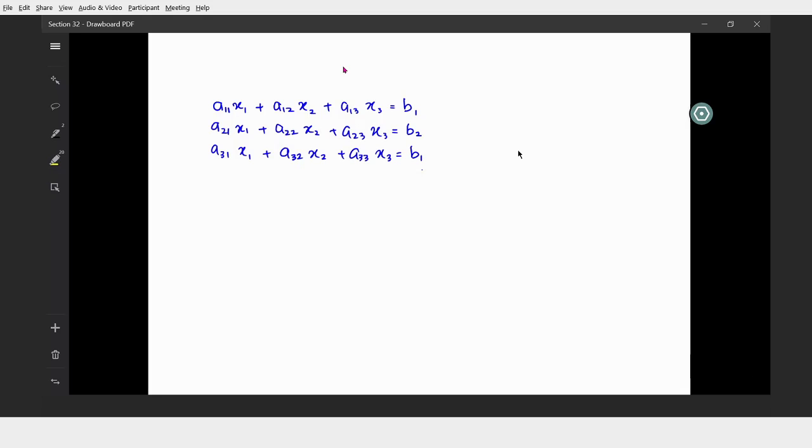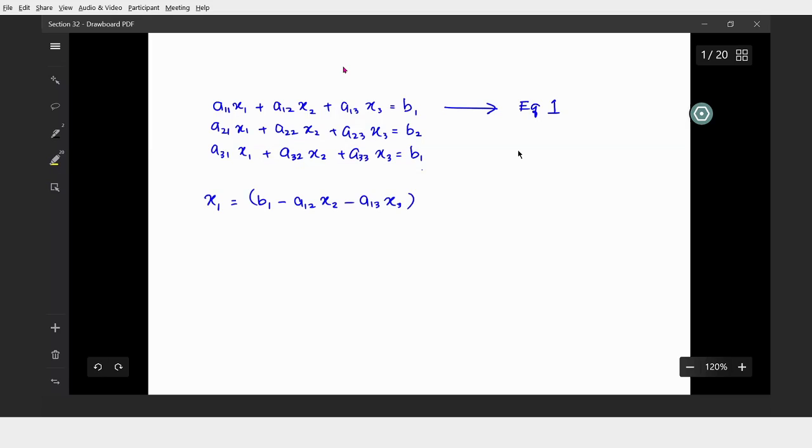All right, so to form our x1 formula, we refer to the first equation. So you refer to equation 1 to form the formula for x1. By that equation, x1 is b1 minus a12 x2 minus a13 x3 over the coefficient of x1, which is a11.